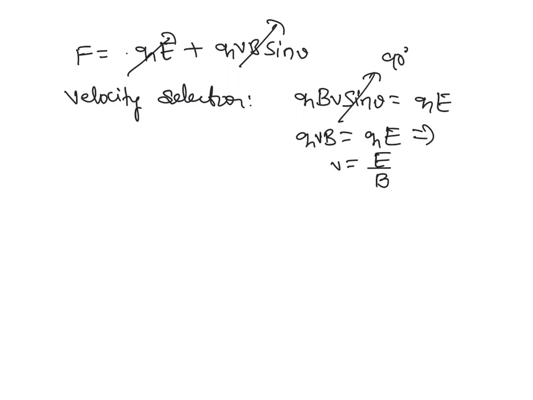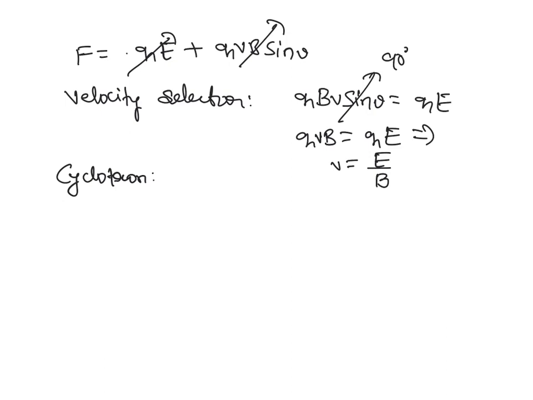This arrangement can be used as a velocity selector. This is very important. After that you studied the cyclotron frequency, and you know that the cyclotron is used to accelerate positively charged particles.